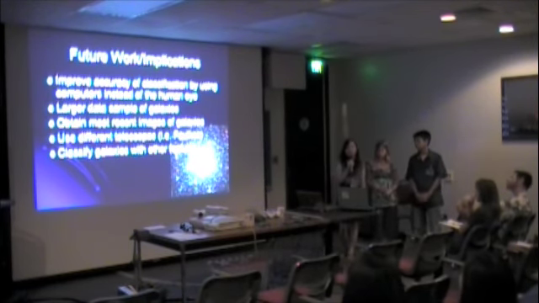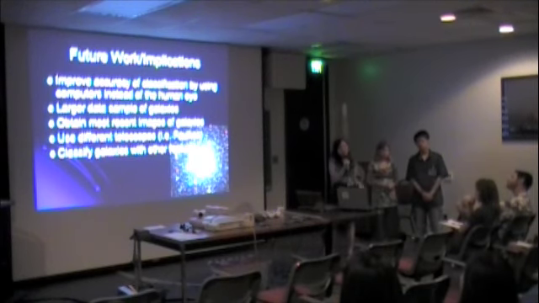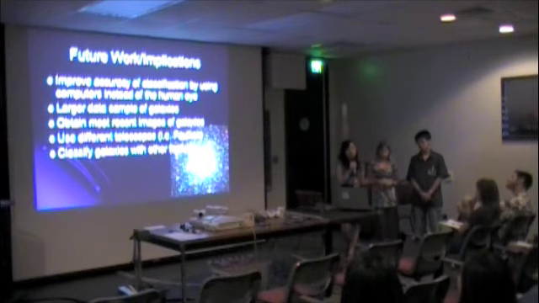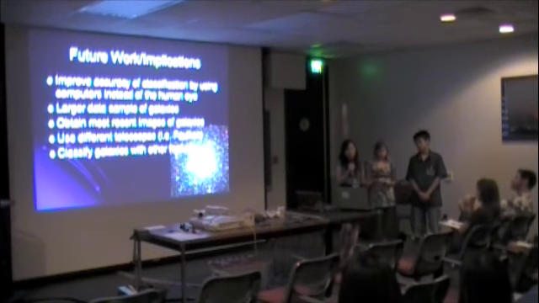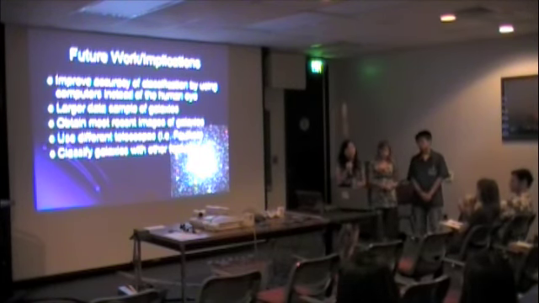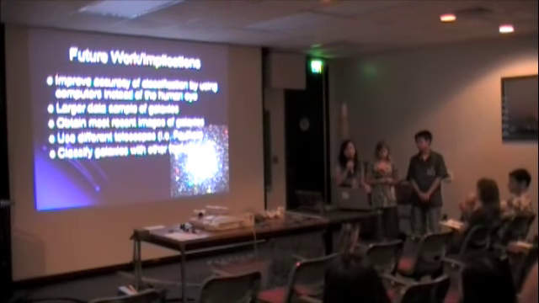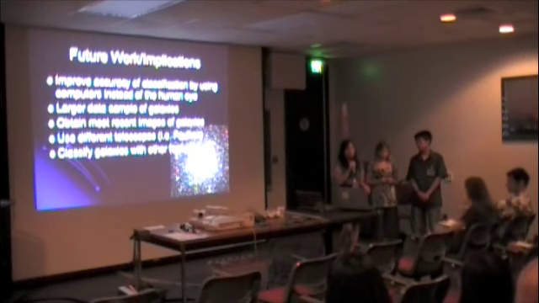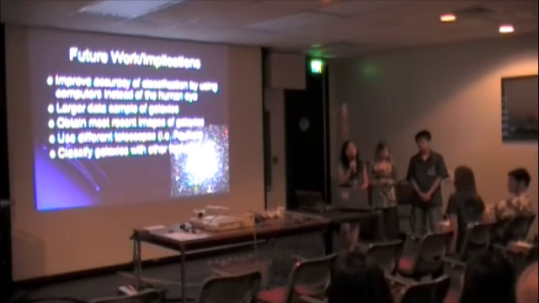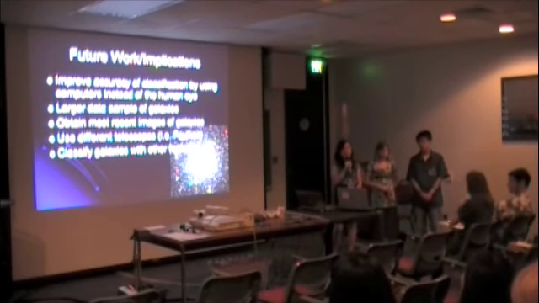So, future work. When we classify these galaxies, we basically use our human eye. But to improve the accuracy, because we may have different ways of classifying, we could use computer programming to make the data more reliable. We would also need a larger data sample of galaxies, because in our project we used 330 galaxies, and a larger sample may make the data more reliable.